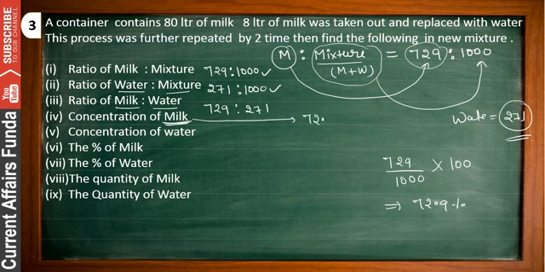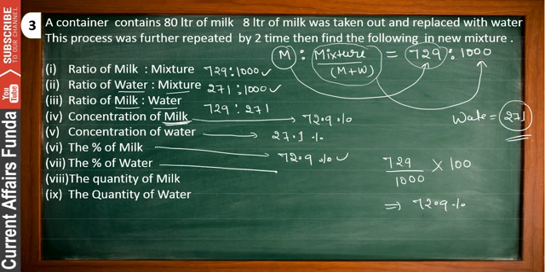In the same way, concentration of water will be 27.1%, because water is 271 out of 1000. When you calculate the percentage, it will become 271 divided by 1000 into 100, so it will be 27.1 percentage. Okay, and what is the percentage of milk? The concentration of milk and percentage of milk are both the same thing, so it will be 72.9 percentage. And again water, it will be 27.1 percentage.